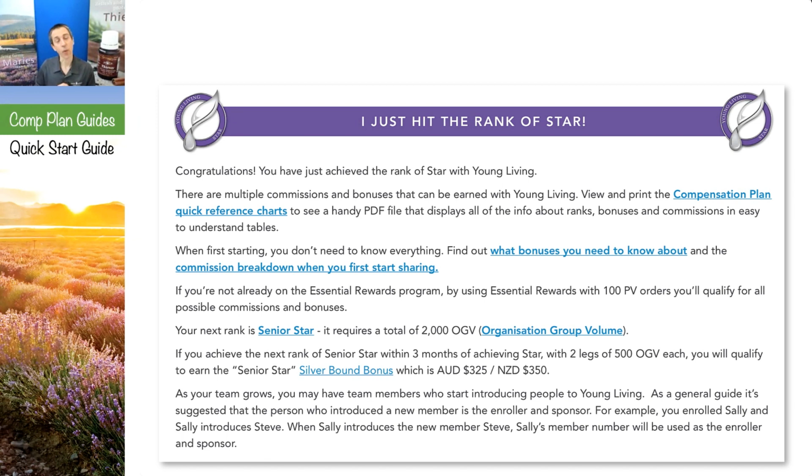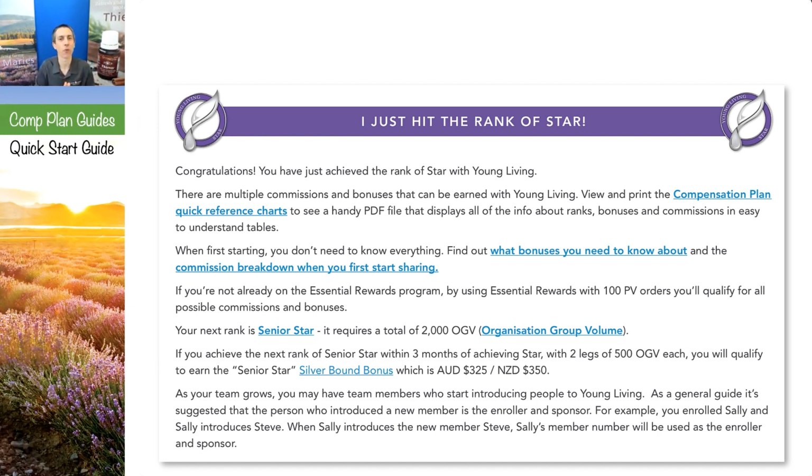From there, it breaks it up based on rank. So you've enrolled your first member, you've read that, and then when you enroll a few members, eventually you're going to reach the rank of Star. So this section is all about having reached the rank of Star, and it gives you a few more things you might like to learn about now.